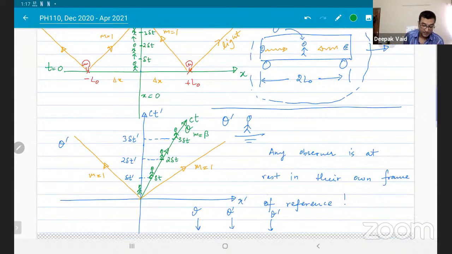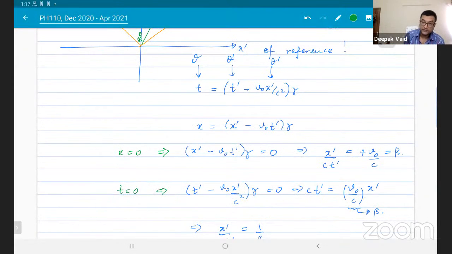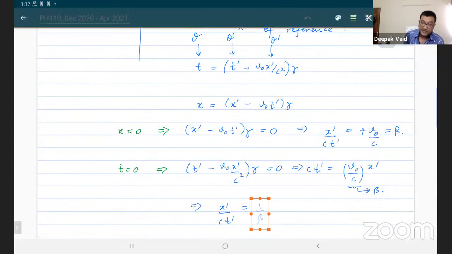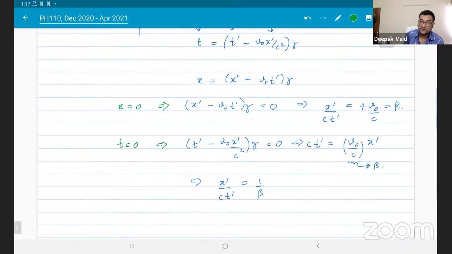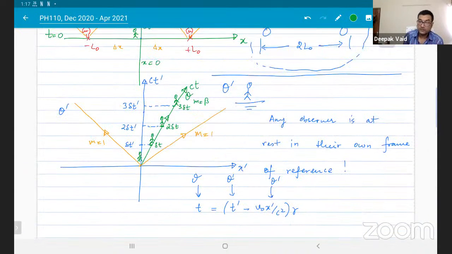What about the constant time surface? The constant time surface is a line which has a slope of 1 by beta. Now beta is less than 1, so 1 by beta will be greater than 1. So how will I draw that line? It will look like this. This is the x-axis of the O observer, and m is equal to 1 by beta.